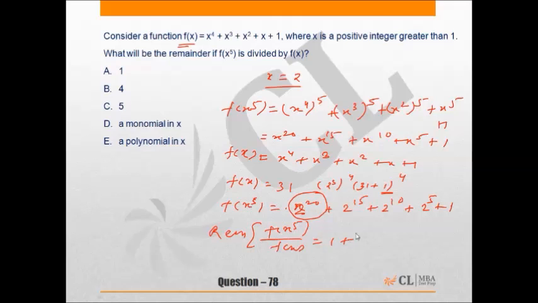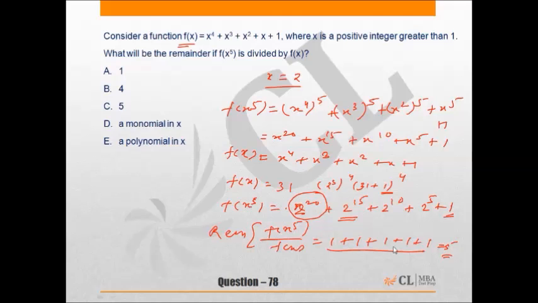Similarly, in other terms, like when 2 raised to power 15 is divided by 31, remainder will again be 1, and same will be the case for next two terms. And when 1 is divided by 31, remainder is 1, so the required remainder is 5.